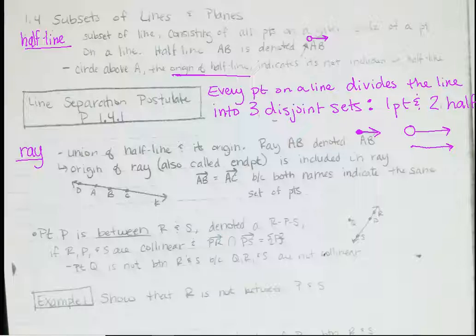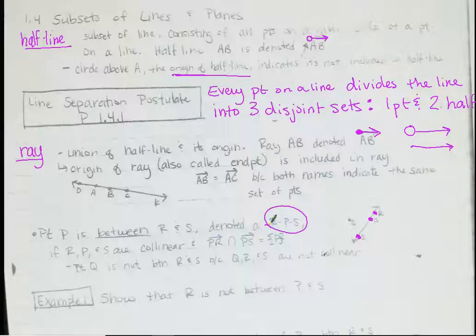Now point P is between R and S, so we're looking at this line over there. Point P is between R and S. It's denoted as RPS, because R, P is in between, and then S. So that's important, how we're denoting that.